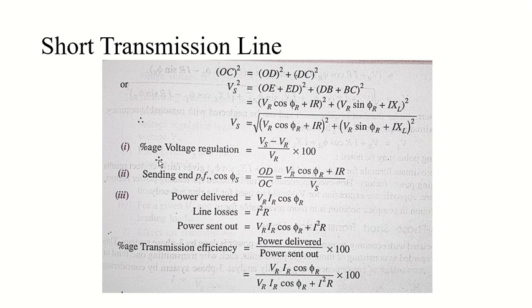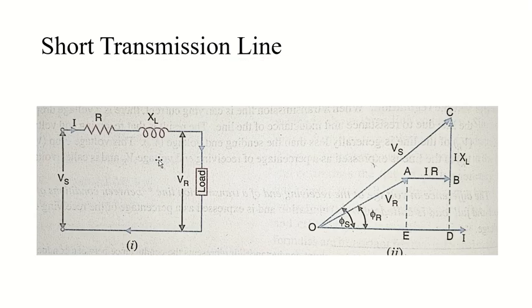Now let's come to the power factor part. I want to find the power factor of the sending end. So what is the sending end angle? It is phi s. And I want to find the power factor. So what is the formula of power factor?